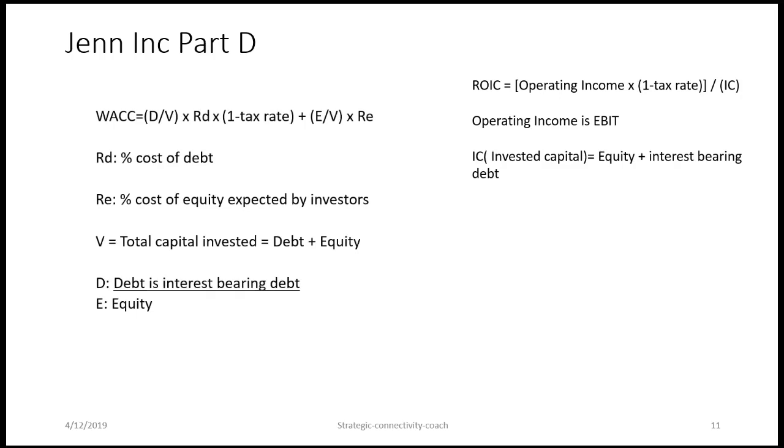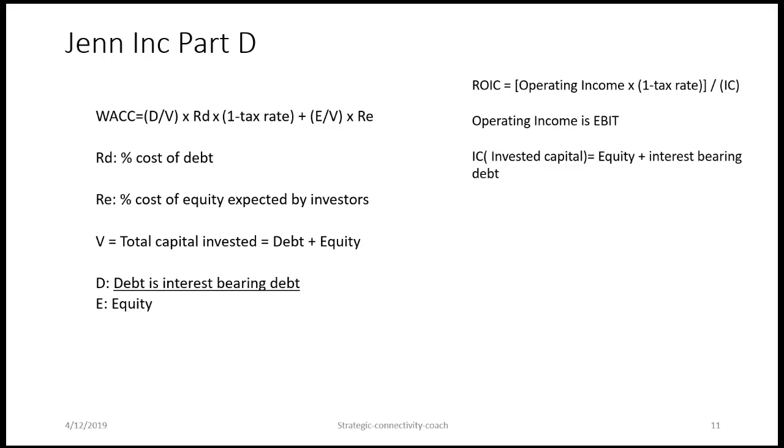Now, WACC, on the other hand, is the calculation that you did, and I have a separate video on that. We'll be looking at the weighted average cost of debt and the weighted average cost of equity, and we come up with the average cost.